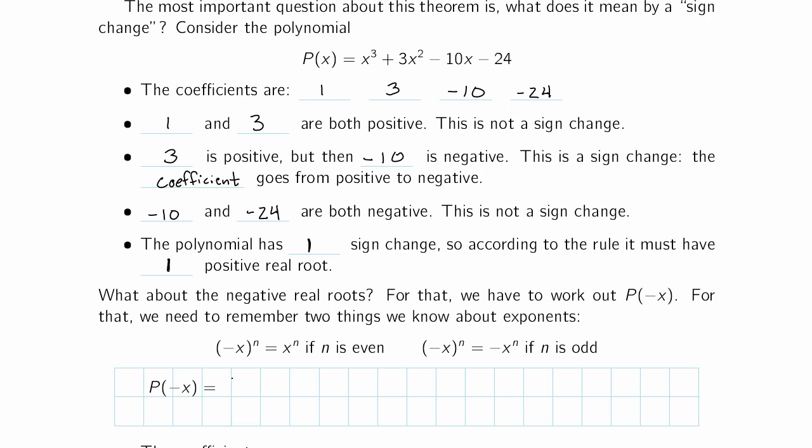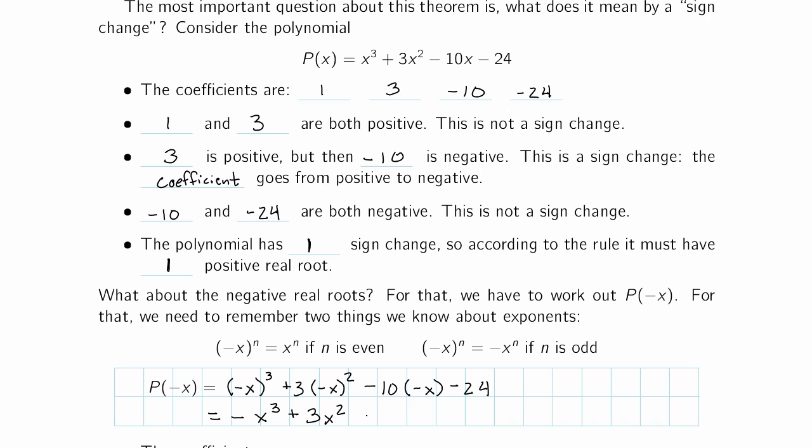So if we have -x to the third plus 3 times -x squared minus 10 times -x minus 24, well, we'll have a negative x to the third plus, -x squared is the same as x squared, so this is just plus 3x squared.